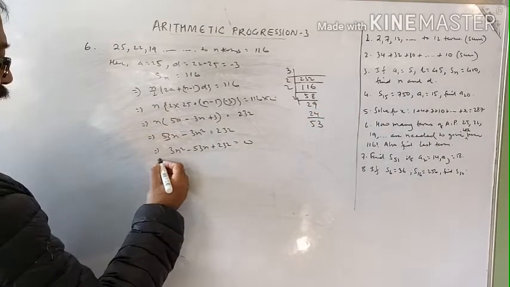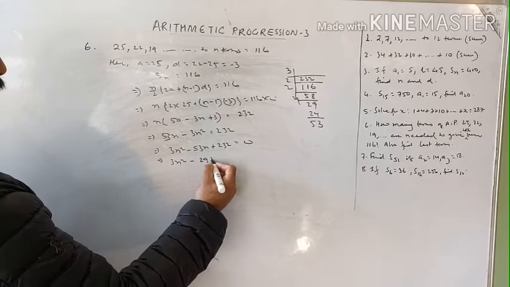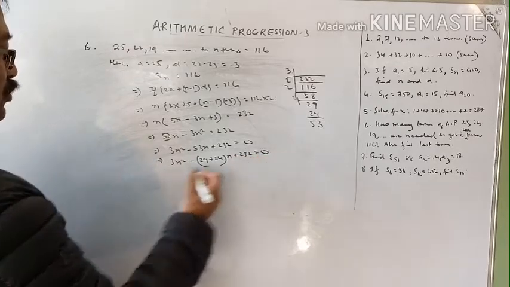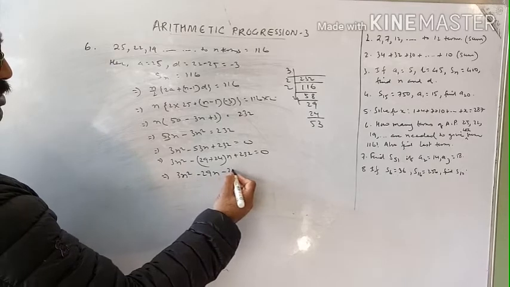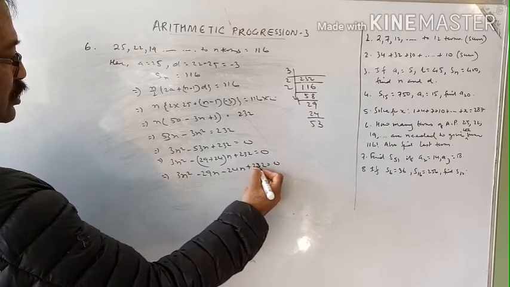So we break it up as 3n square minus 29n minus 24n plus 232 equal to 0.